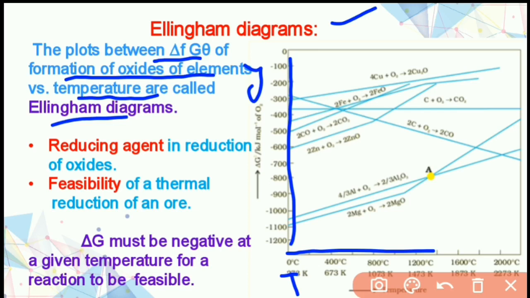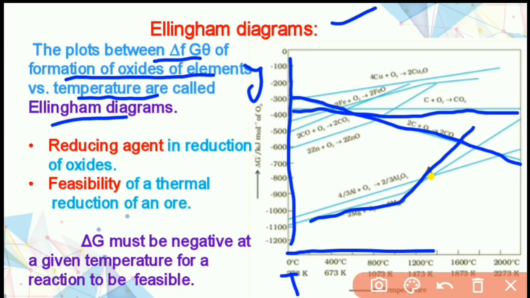Mainly three types of curves are obtained in this graph. One graph moves in the upward direction, one moves in the downward direction, negative, and the third one is equivalent to the temperature axis. A sudden change shows the change in physical state, meaning at that temperature the oxides start changing physical state.